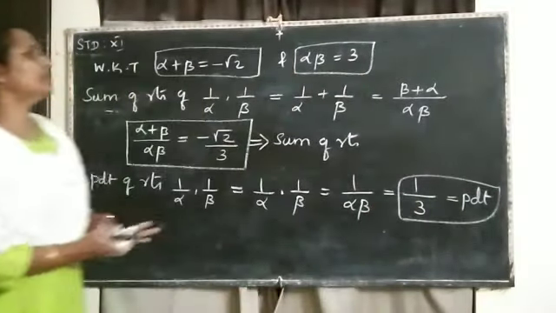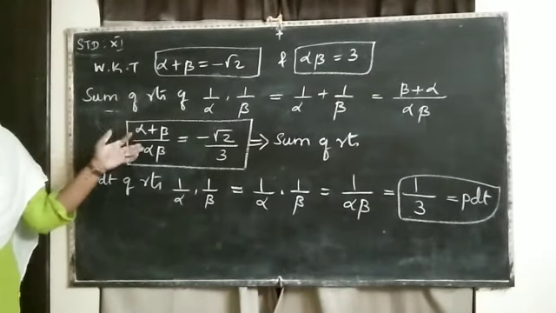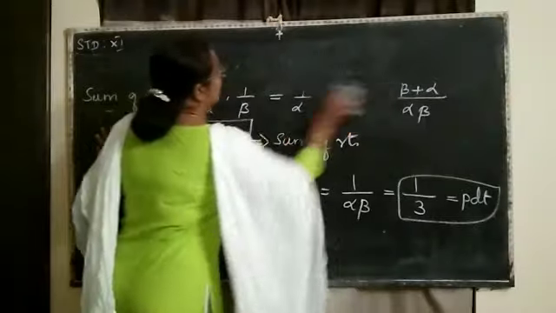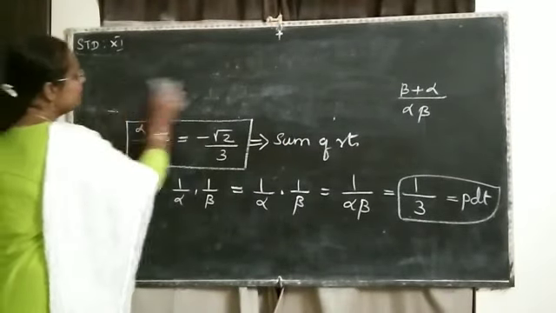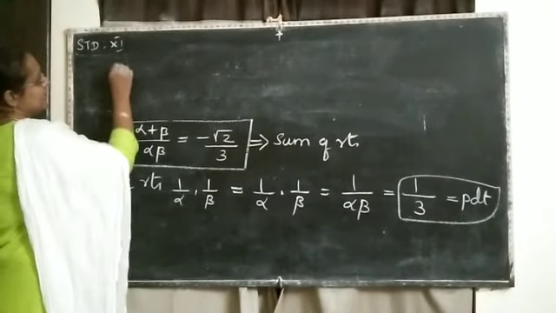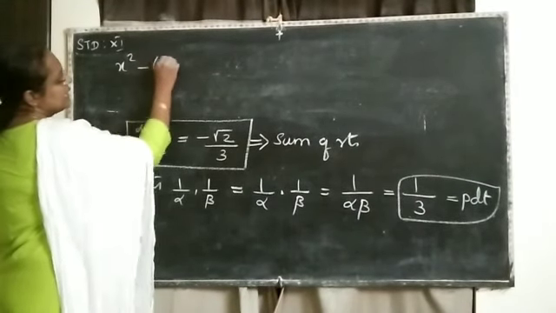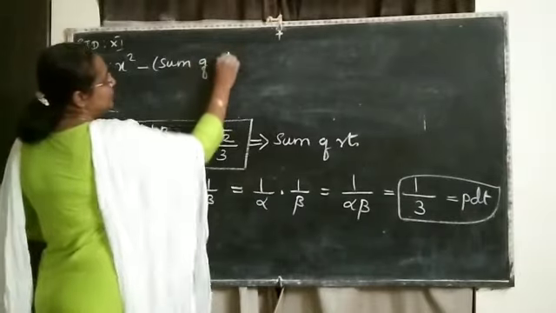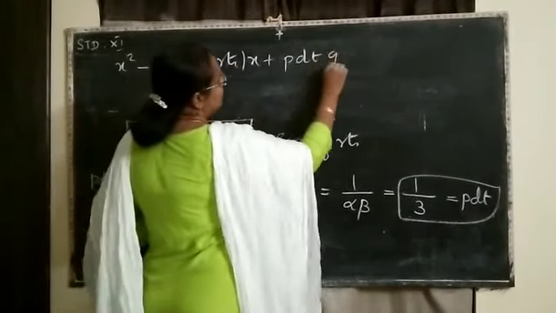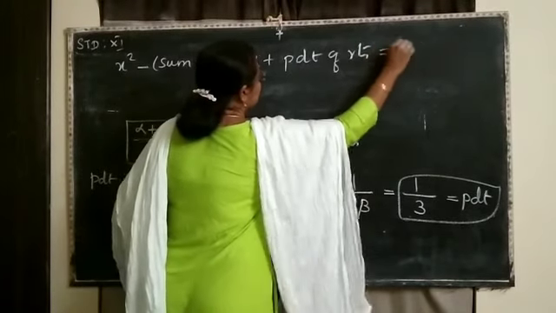Now the values are ready, we can frame the quadratic equation. We know the format of a quadratic equation is x squared minus sum of roots into x plus product of roots is equal to 0.